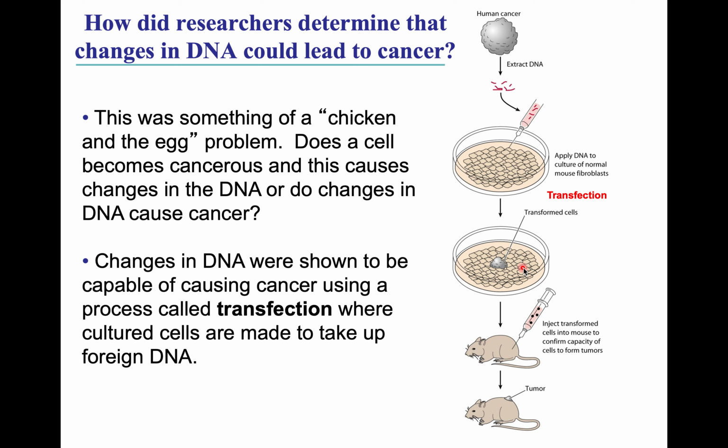And they found they can even take those cells from the petri dish, inject those into mice, and yeah, you're actually getting a tumor there in vivo as well. So that kind of solved this problem of, yeah, it's changes in the DNA that is causing the cancer. Sometimes you'll see this referred to as transfection, so a normal cell being forced to become cancerous by introducing this altered DNA.